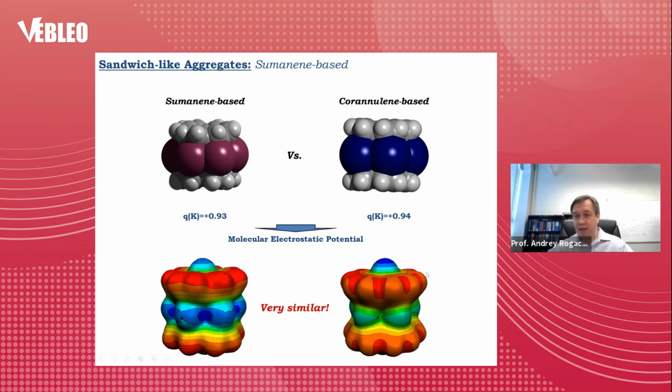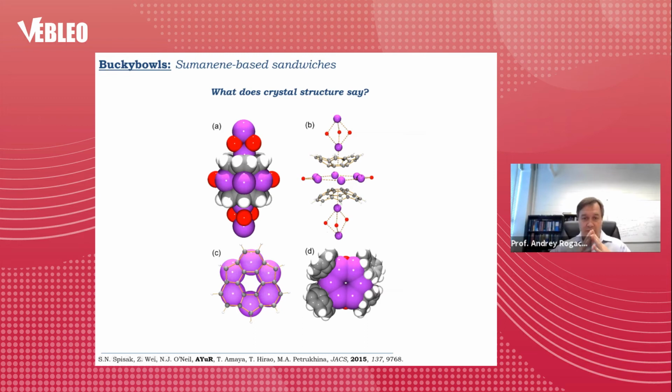Then we asked our collaborators to check whether we are right or whether it's only a theoretical model. They found in the crystal structure exactly what we predicted in our calculations. So nowadays, both prototypic molecules, corannulene and sumanene, show a tendency to form supramolecular aggregates with a large number of alkali metal cations sitting between two layers.